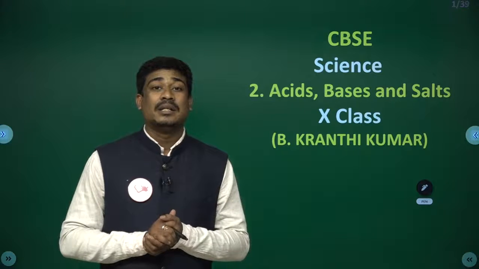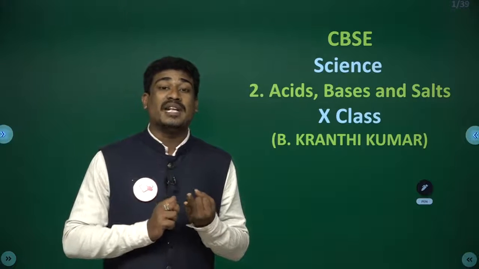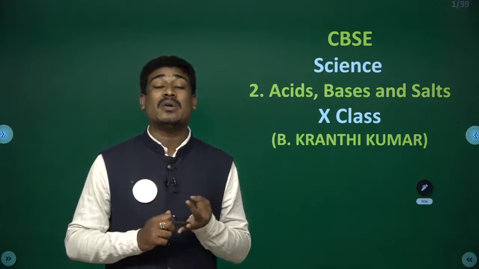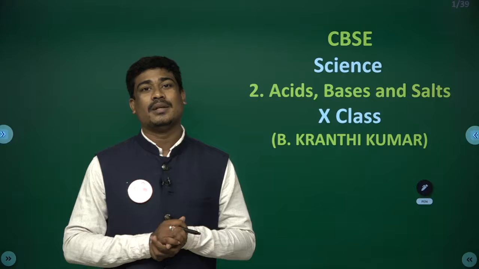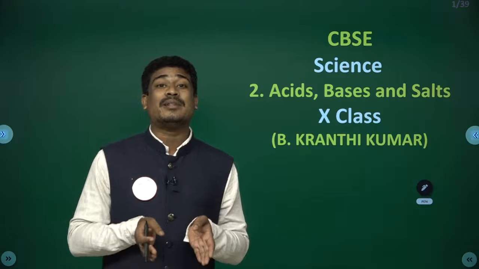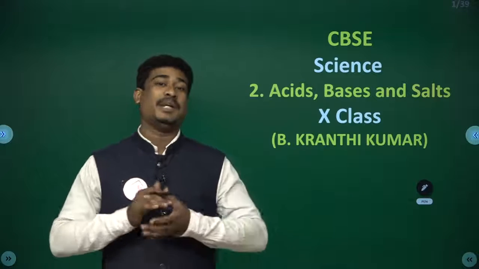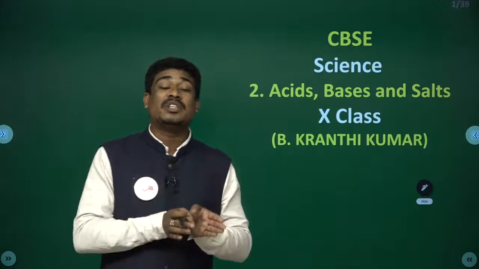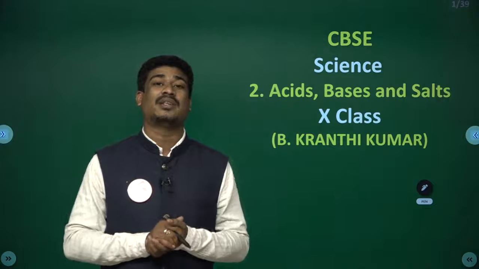Why? Among lemon juice, vinegar and baking soda, lemon juice and vinegar are acids. The person is already suffering from acidity, and a basic solution will give the neutralization reaction.